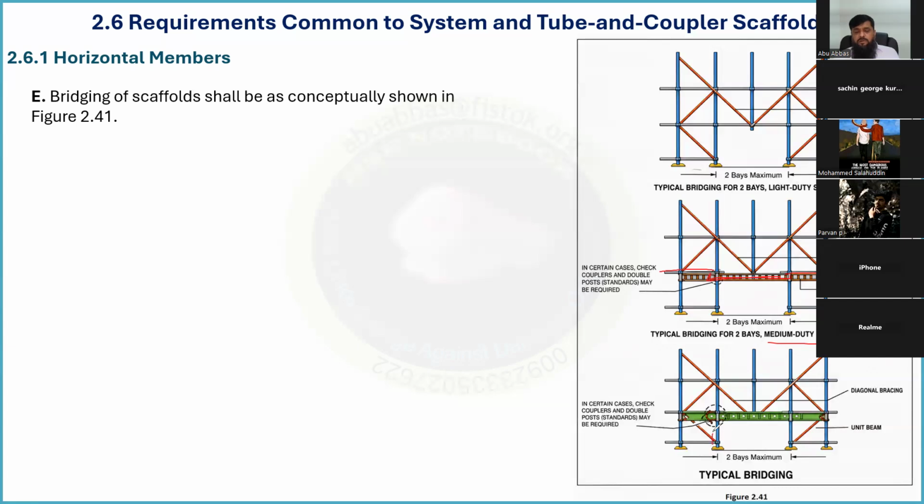We know that when we are going to do load bearing, we can have additional components. Check coupler, the slip factor, we know, and we put additional ones there. Okay, we'll talk about it later on again, inshallah. So also a type of beam, we can say, is a unit beam and beam ladder. So this is how we can make the bridging.